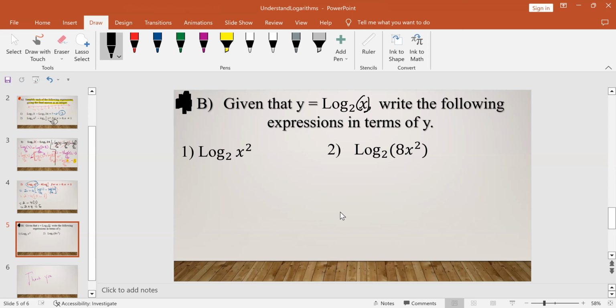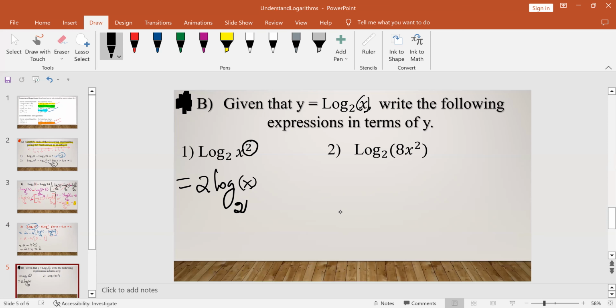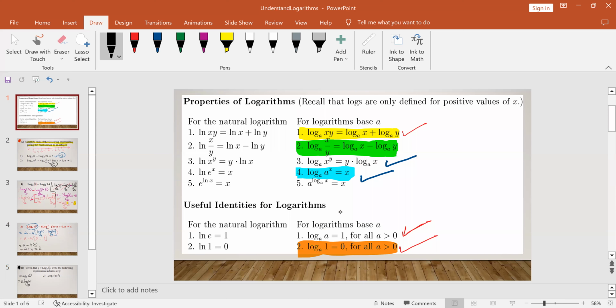So for the first part, question number 1, we're going to rewrite this as 2. The power here becomes a coefficient for log of x with base 2. What property is that? If I go back here, this is property 3, from the first part.